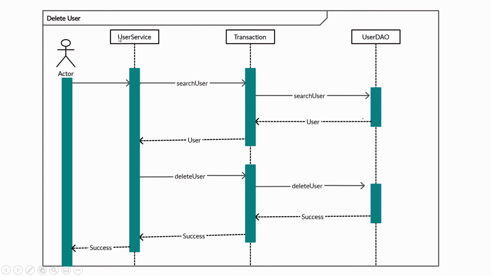We have user service that creates a transaction and then calls a DAO to get the user first as a search operation, and then once we find the user, we will call a delete on top of that user to delete it. So it will initiate the search user, then the search user will be passed from the transaction layer to the DAO that will give you back the user, and that will flow through the user service.